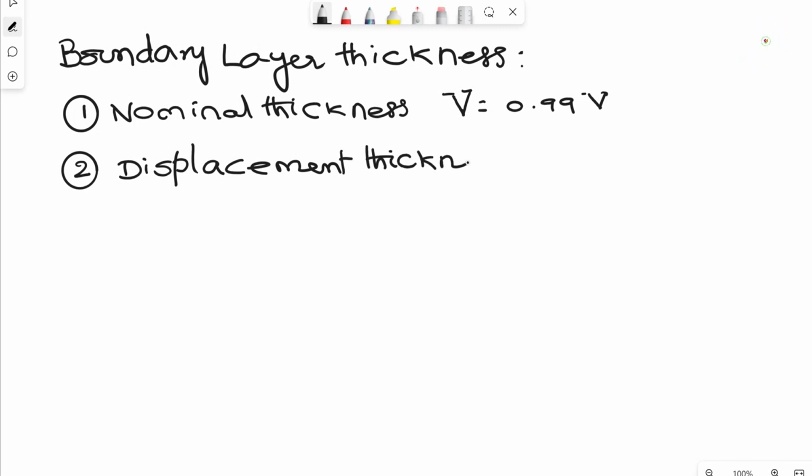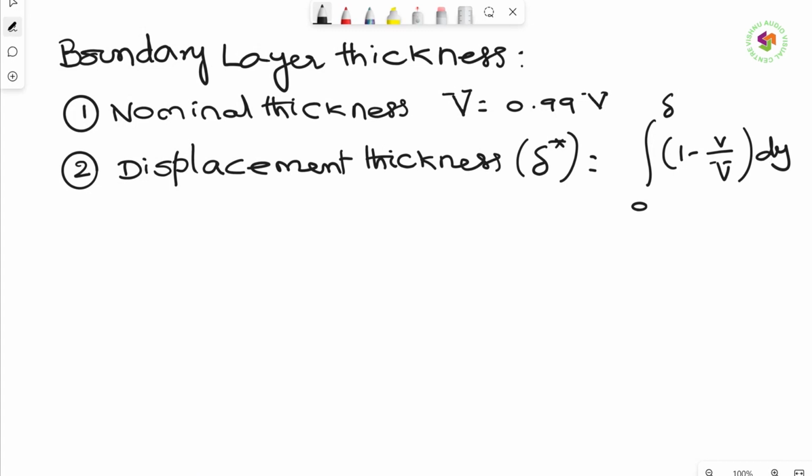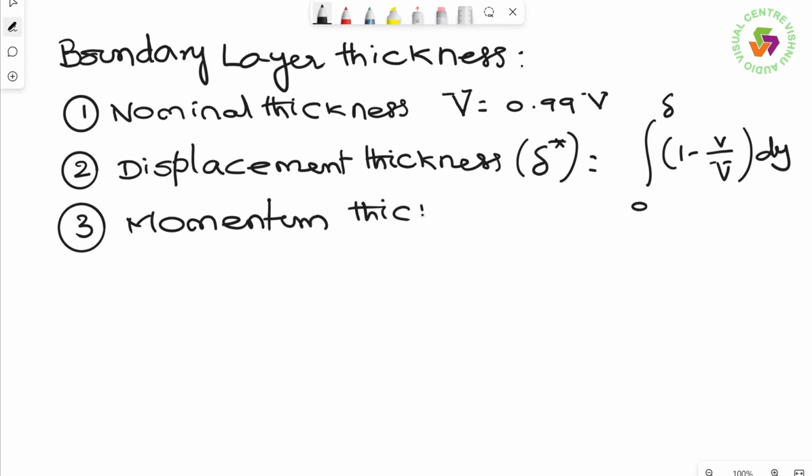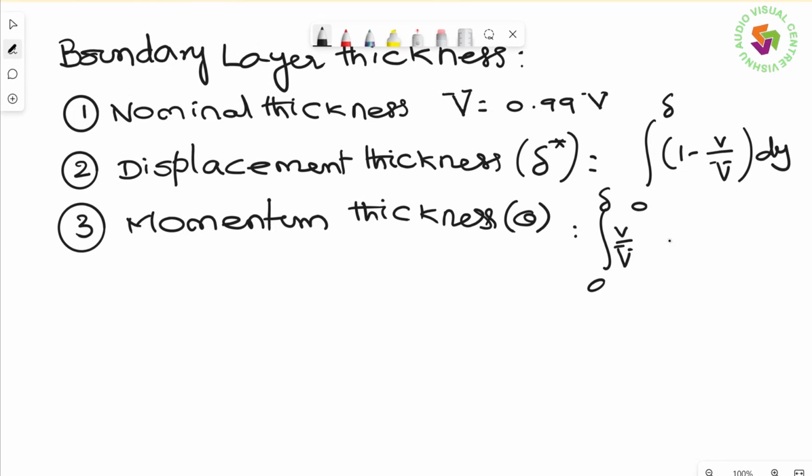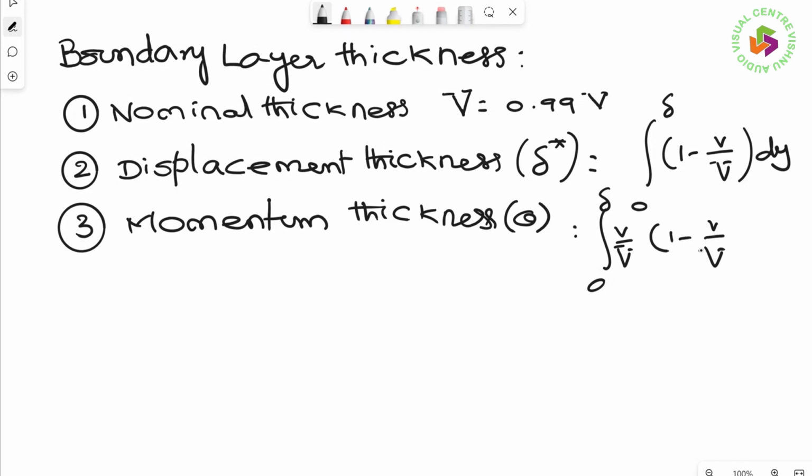This displacement thickness is delta star, which is equal to the integral from 0 to delta of (1 minus small v by capital V) dy. Then third one is momentum thickness, theta, which is equal to the integral from 0 to delta of (v by capital V) into (1 minus small v by capital V) dy.